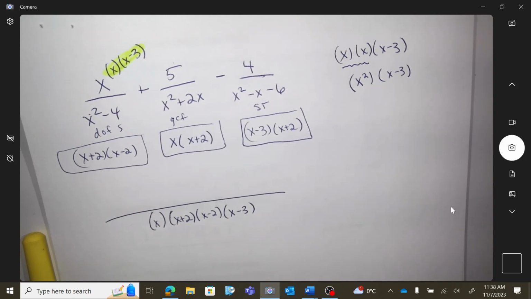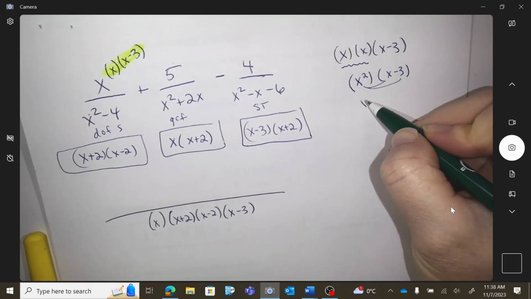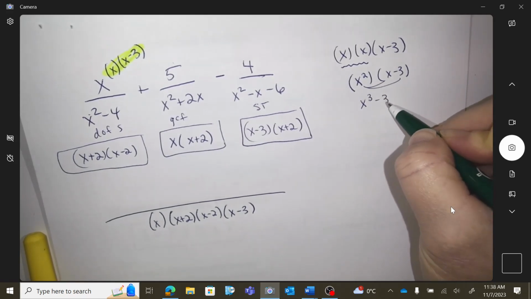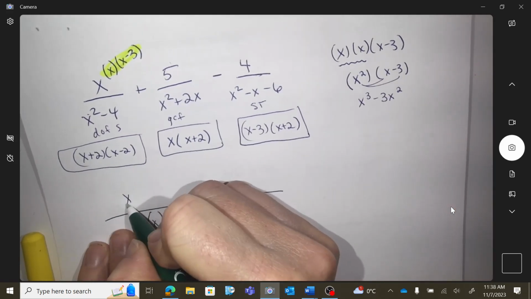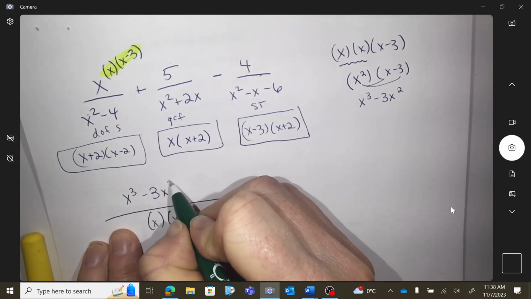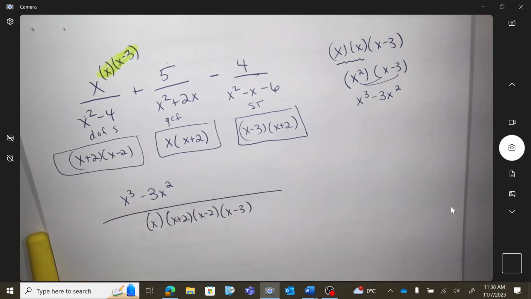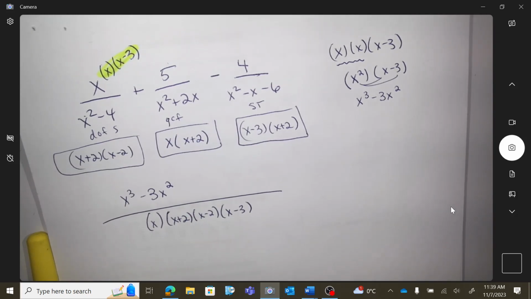Once you're done, multiply that by the third item. Okay, so I multiply two things, done, then by the third thing. Okay, that's a big error that people often make.